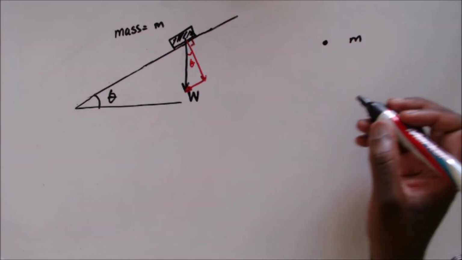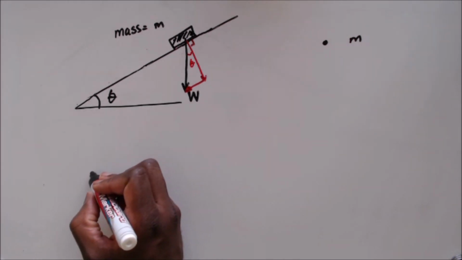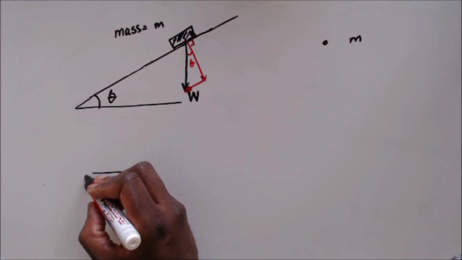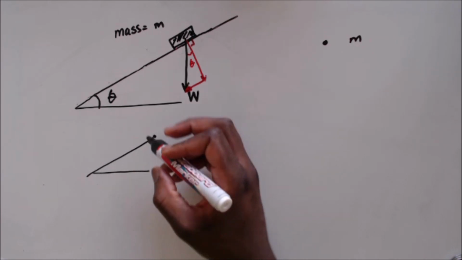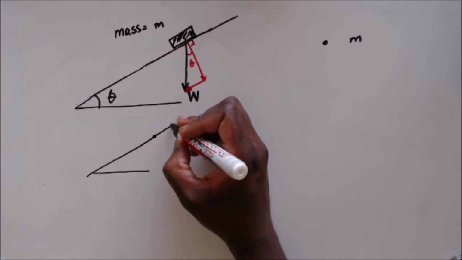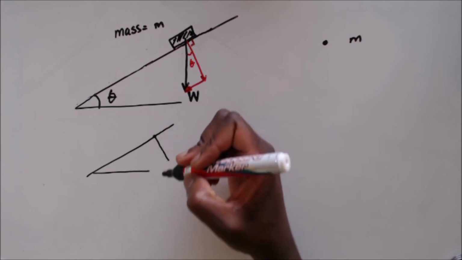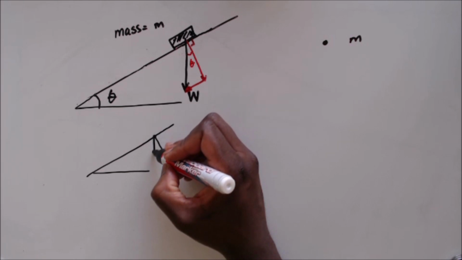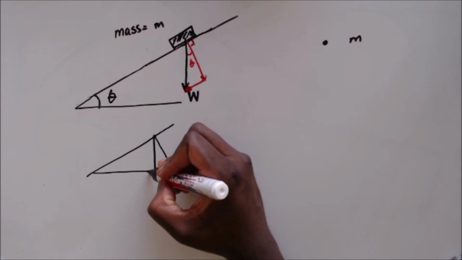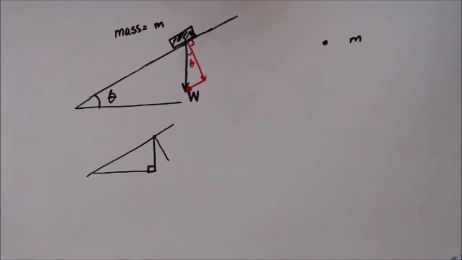What we have is the horizontal, and then we've got the plane. And we are at this point in the plane, and then we draw a line which is at right angles to the plane, that line over there. And then we have this line which is vertical. So if we complete this little triangle, then what we have is that.